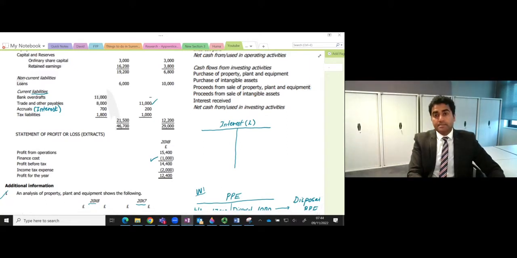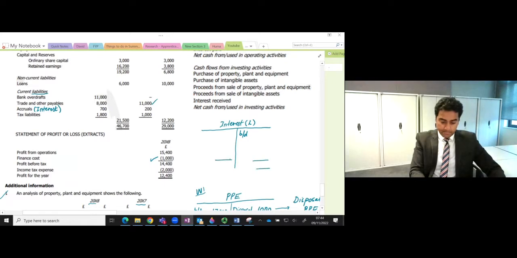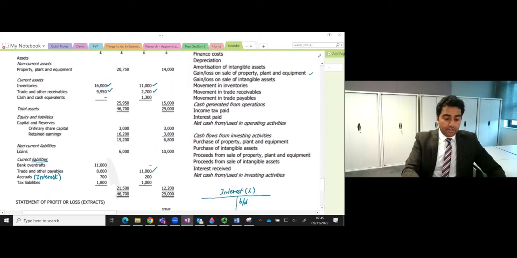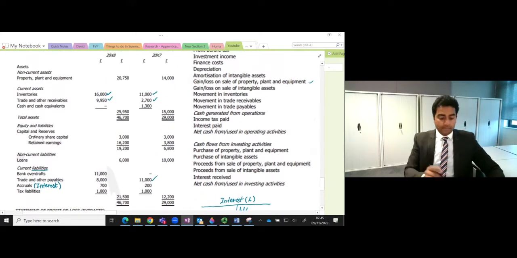And because it's a liability in nature, the opening balance will always appear on the credit side, and therefore the closing balance will be appearing on the debit side. So the opening balance of the interest payable in 2007, as you can see, is £200.